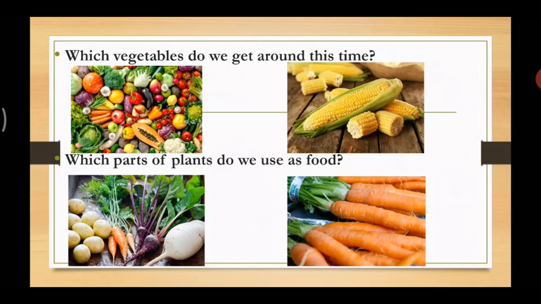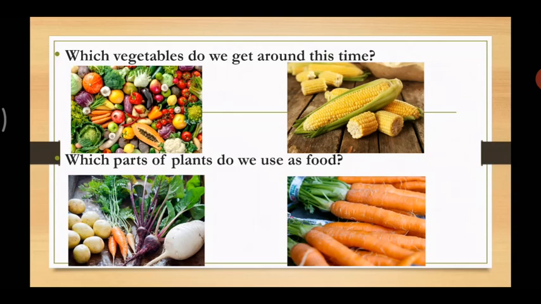And the different parts of plants we use as food are seeds, roots, stems, leaves, flowers and fruits, as you can see in the picture. It means we eat all the different parts of the plants in the form of fruits and vegetables.